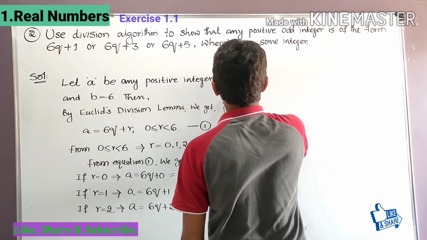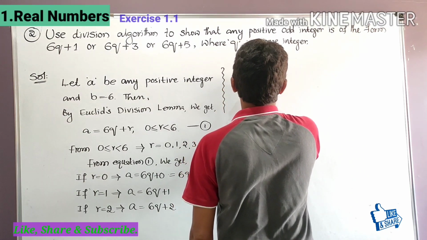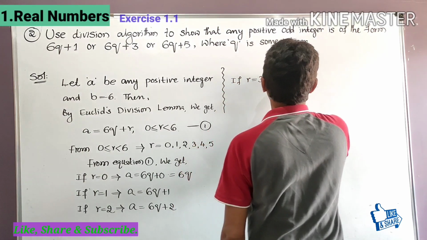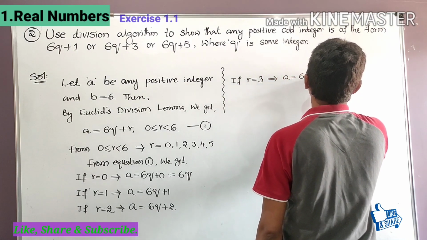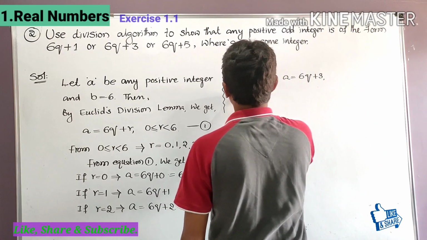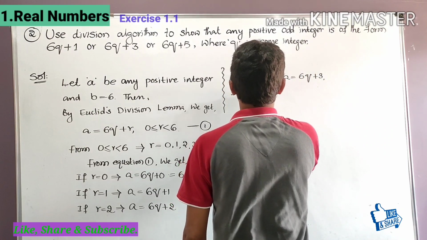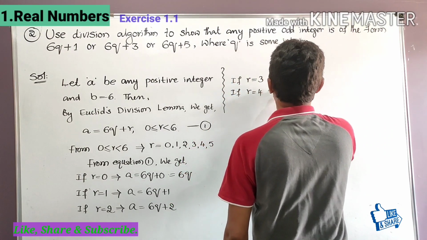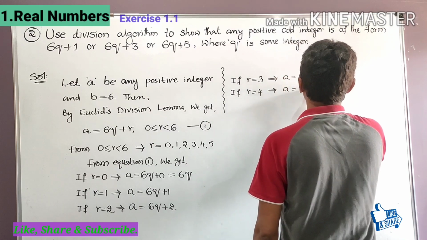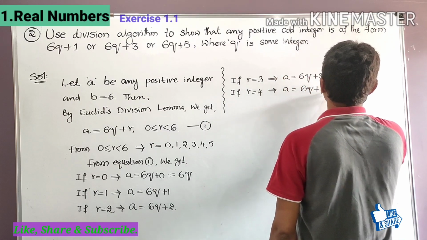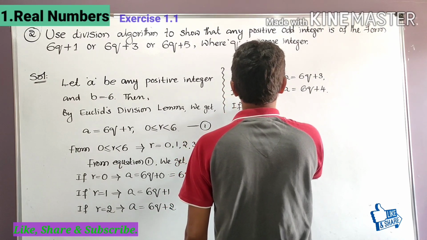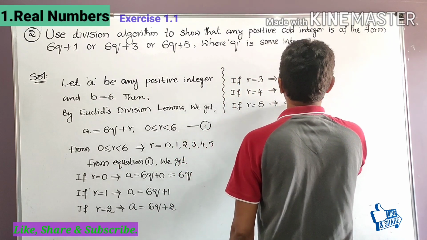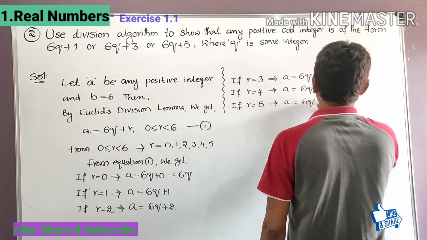So if r is equal to 3, then a is equal to 6q plus 3. If r is equal to 4, then a is equal to 6q plus 4. If r is equal to 5, a is equal to 6q plus 5.